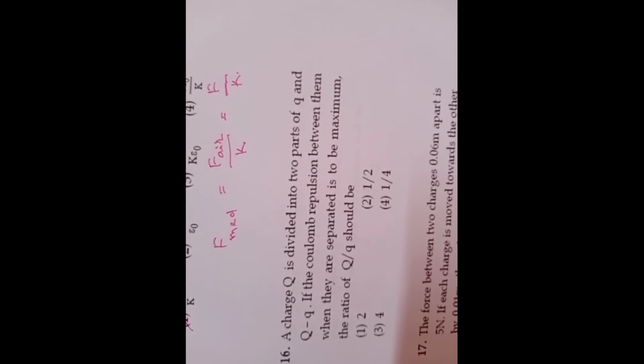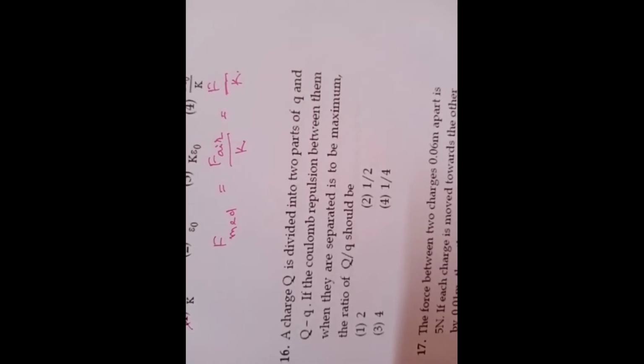This concept we also discussed in the synopsis. A charge is divided into two parts and kept at some distance. Maximum force acting between the two charges means, how will the charges be divided? Equally we have to divide. The point is clear? Equally.